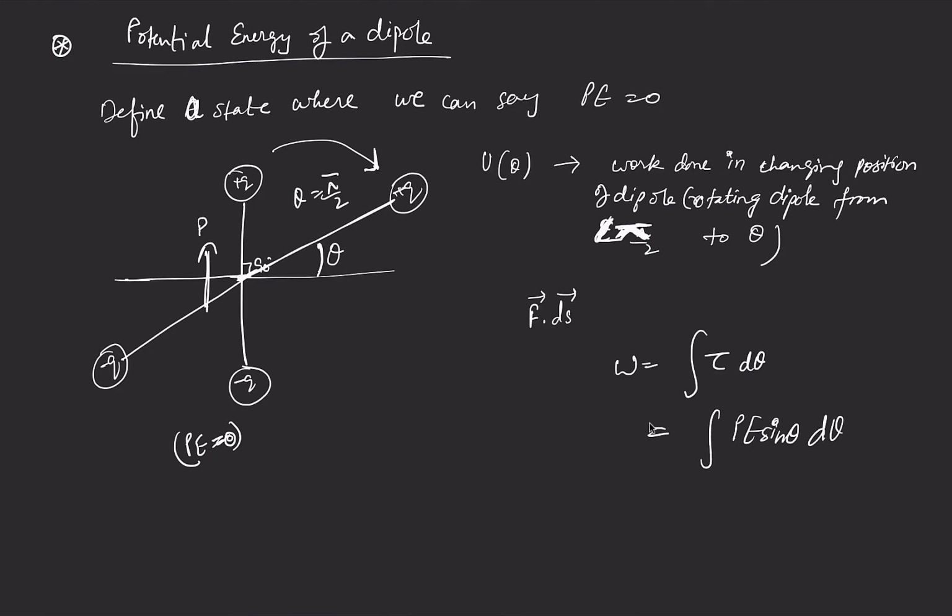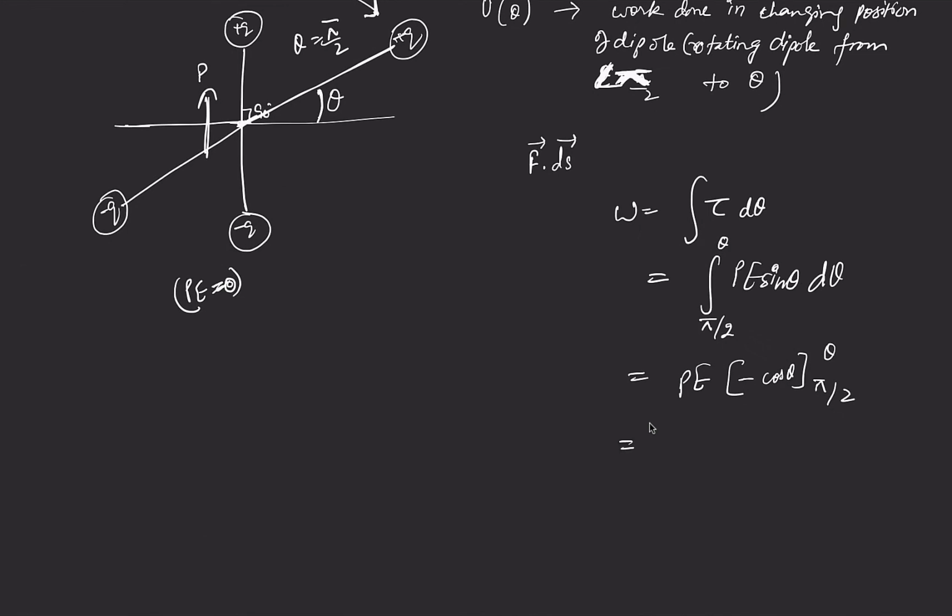So we integrate this from theta equal to pi by 2 to theta. The integration of sine theta is minus cos theta, and we take PE out. So this becomes PE times minus cos theta minus minus cos pi by 2, which is 0. So this is equal to minus PE cos theta. So this is the potential energy at an angle theta.